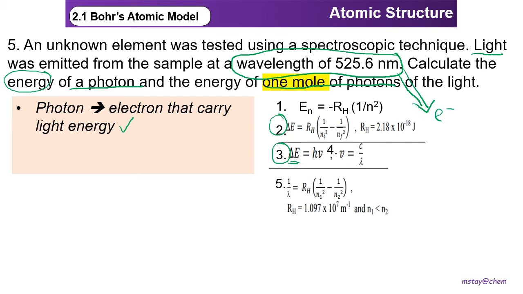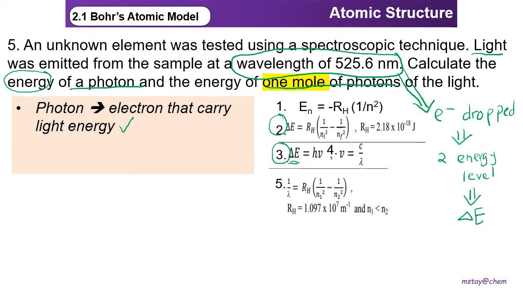If it produces light, it means that the electron is dropped. If the electron is dropped, it will involve two energy levels. If it involves two energy levels, then we are going to find the change of energy. Okay, this is why we choose either the second formula or the third formula.